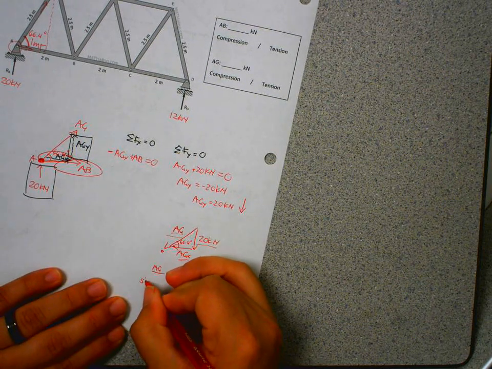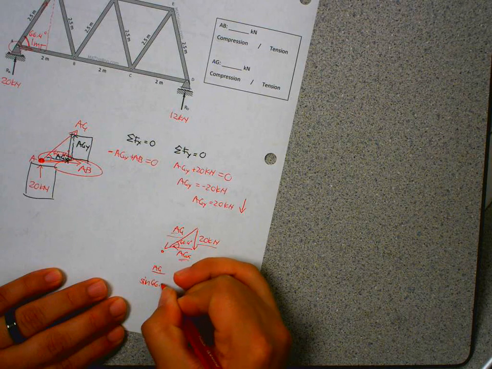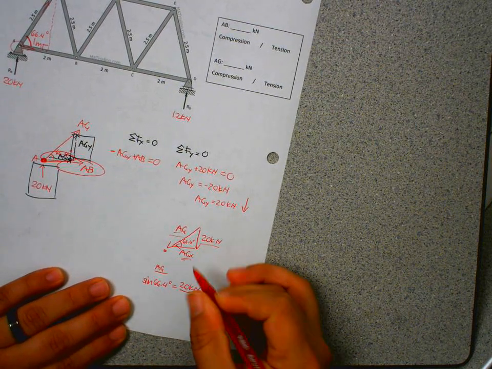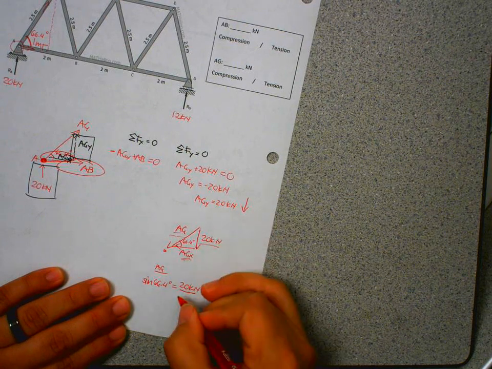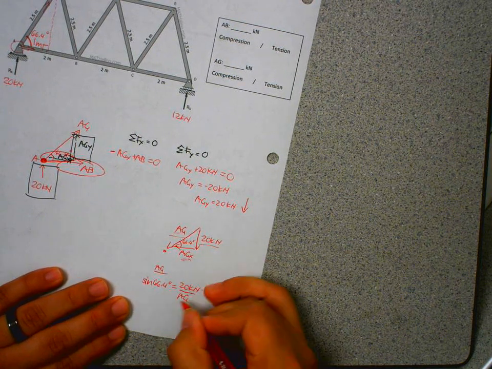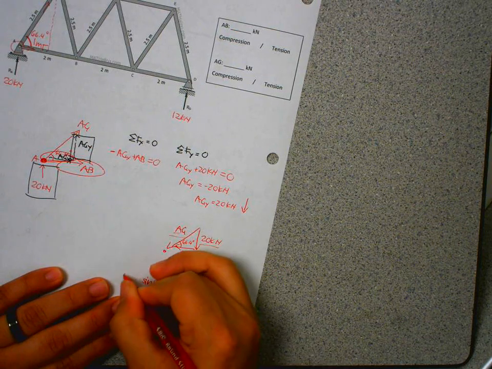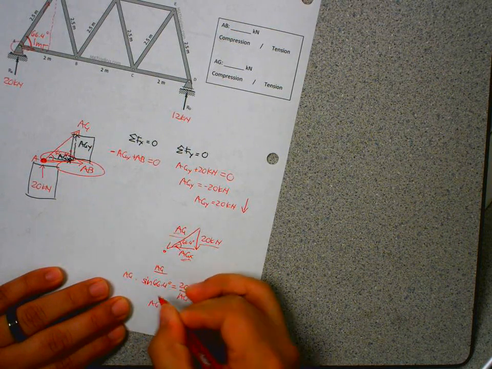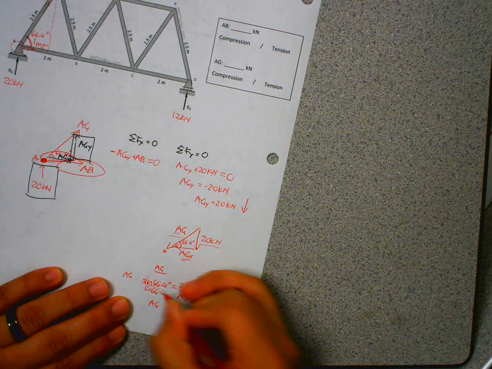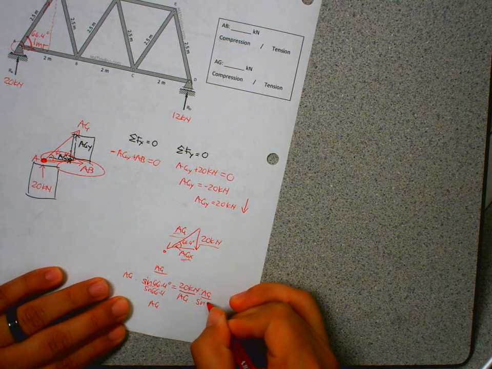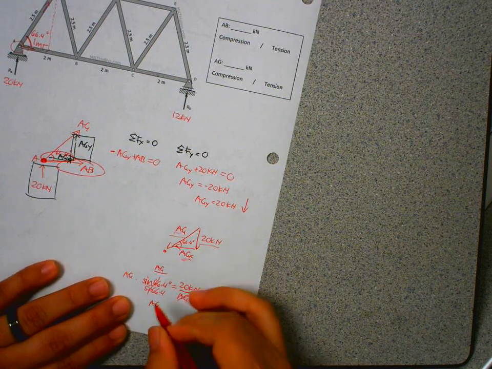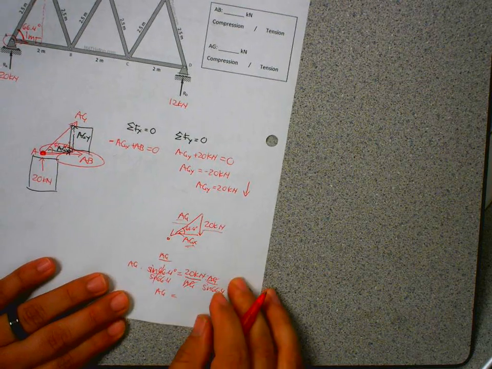So the sine of 66.4 degrees is equal to 20 kilonewtons over AG, opposite over hypotenuse. I solve for AG by multiplying by AG on both sides, and then dividing by sine of 66.4 on both sides. Again, I'm doing a little bit of fast math, trying not to spend too much time on the math part of the video.